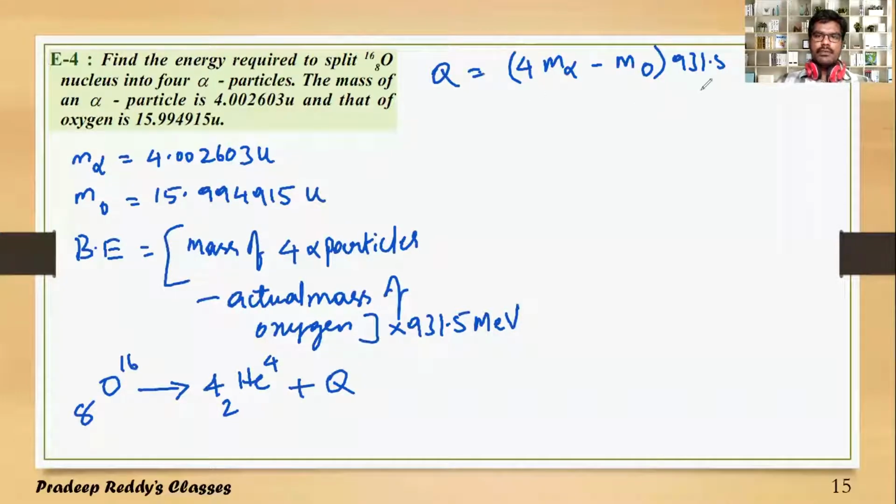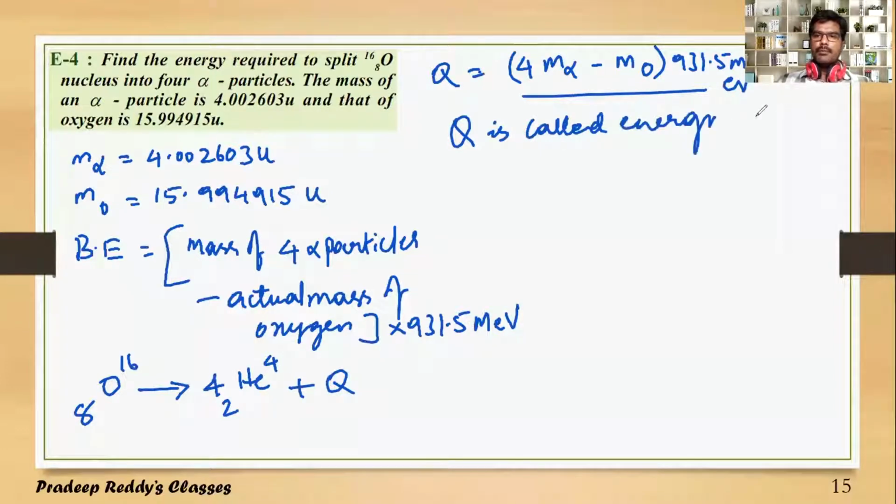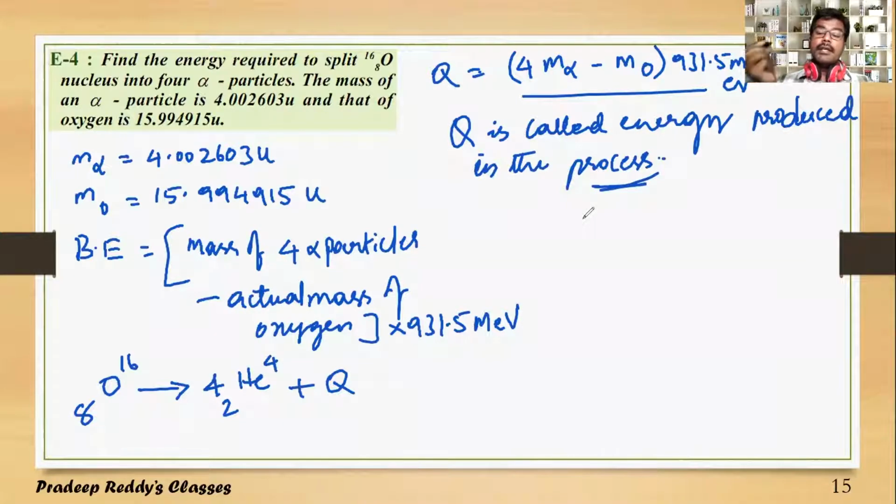This gives you the Q value, where Q is the energy produced in the process. Usually this is referred to as Q value. Q value in the sense the energy will be released in the form of kinetic energy of the released particles, and sometimes it will be in the form of heat also.